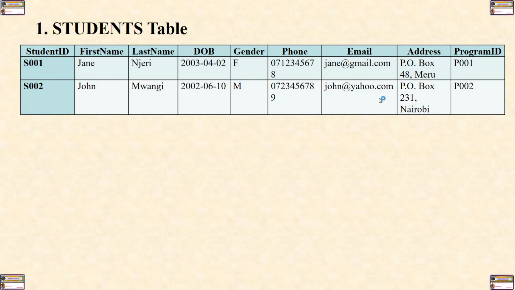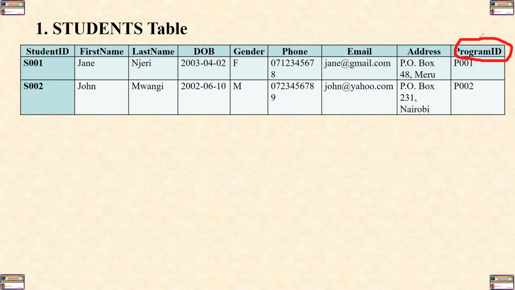But there's also something that you should note here. Because every student is taking a certain program, we have introduced a field here called program ID, to help us know which student is taking which program.